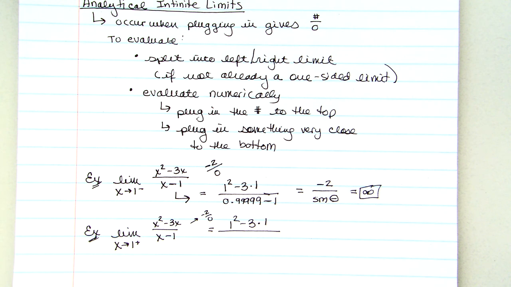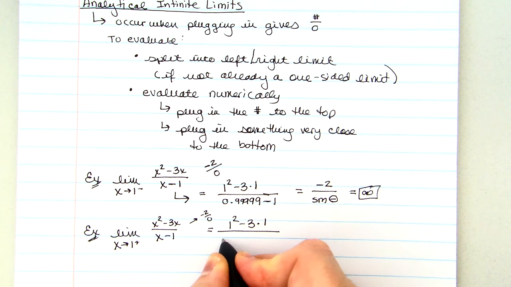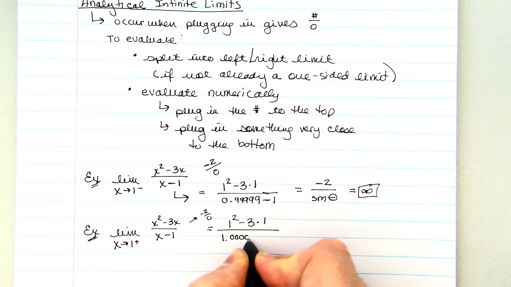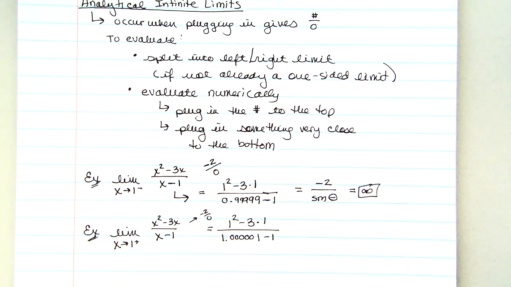Tyler? 1.111, get closer. Sora? And a 1 at the end. 1.111 is a little too far away. I want really, really, really close to 1. 1.00001 or something like that.